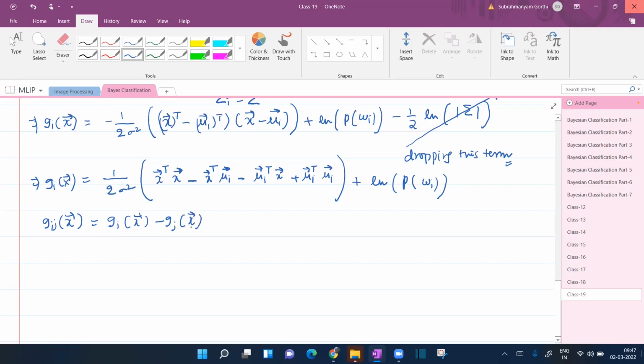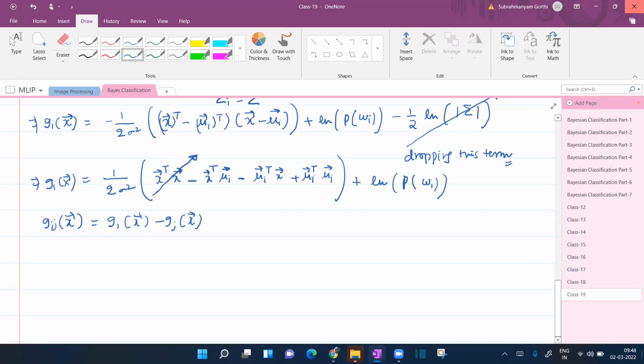If this is greater than 0, it belongs to the ith class, less than 0, the jth class, equal to 0, boundary. I am dealing in terms of these discriminant functions. Now, what is the other term that I could comfortably drop in GI of X bar, still getting the same result? X transpose X. That's all, correct?